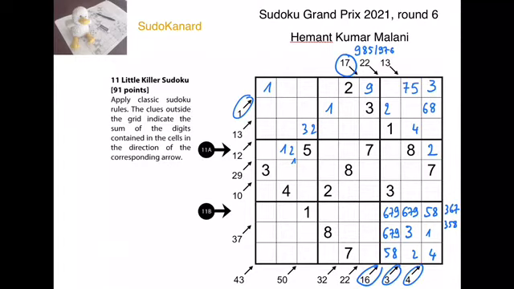And what else? There has to be a 1 somewhere here. There must be a 4 somewhere. 4 must be in one of those two positions. 4 here would be very constrained.